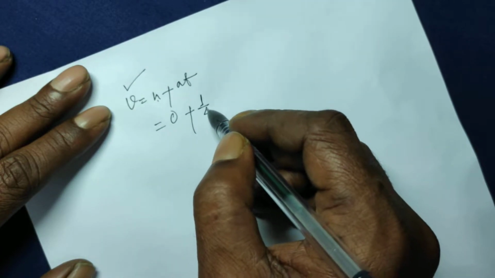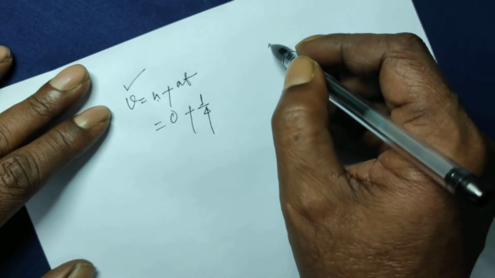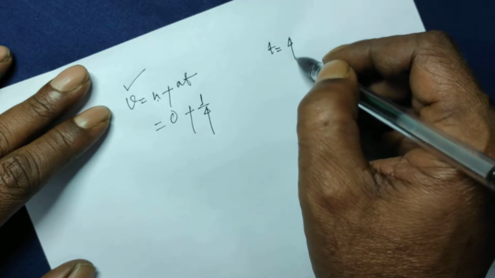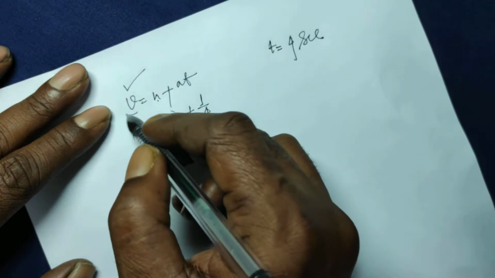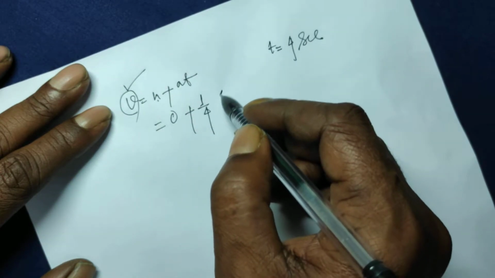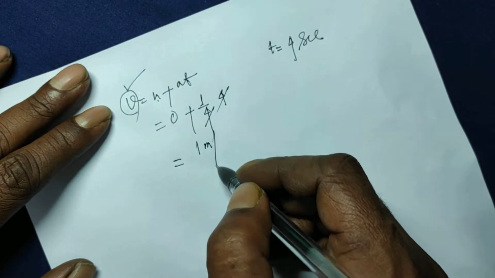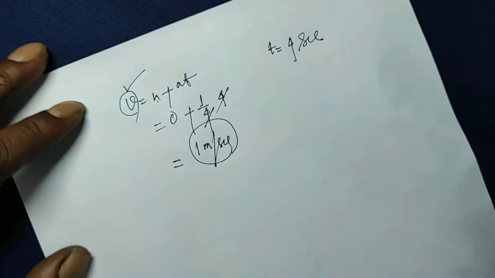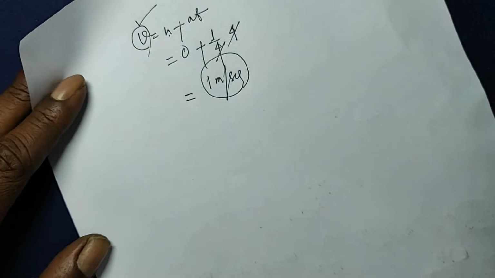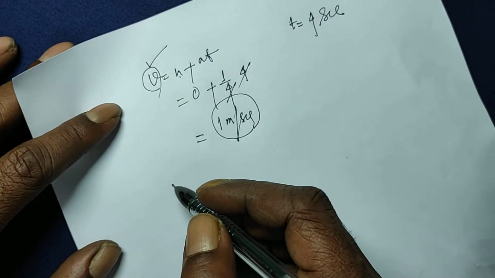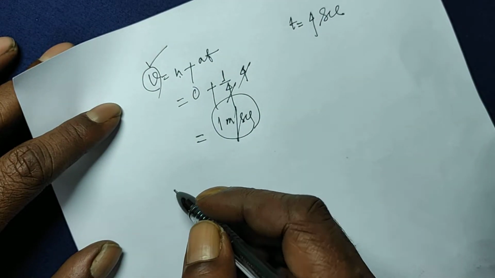Acceleration is equal to 1 by 4. Suppose it is given at t is equal to 4 seconds. What will be the velocity? So put t is equal to 4. So that is equal to 1 meter per second. Then you might ask what distance it will cover in 40 seconds.